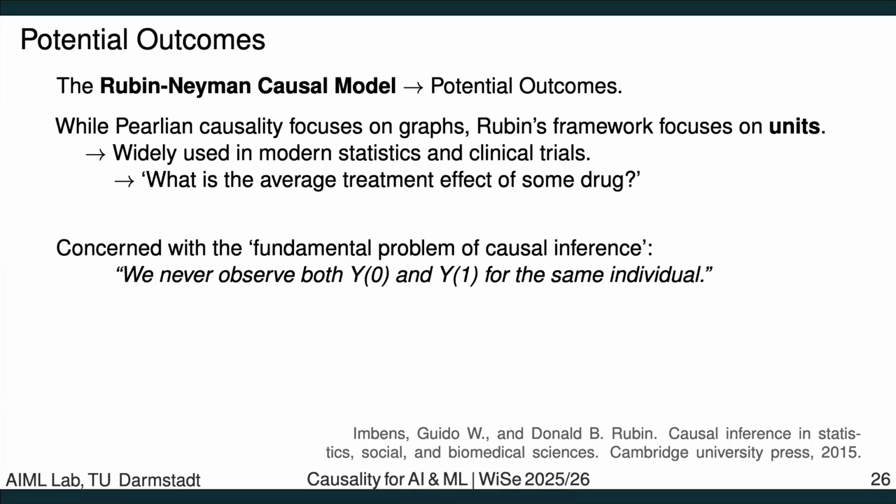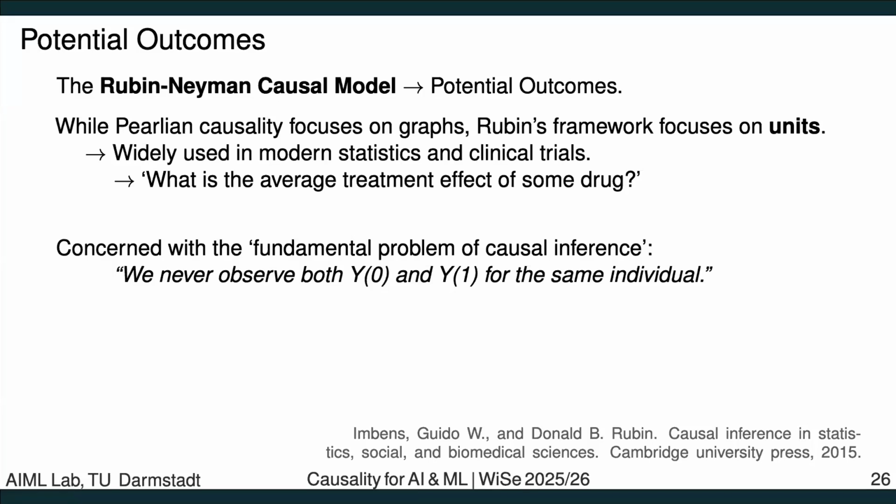Okay, but of course, all of those frameworks suffer from the same thing. If we have a patient and we treat the patient in some sort of way, either we can observe the outcome if we treat this patient, or we don't treat him or her and we observe the natural unfolding, what happens if we don't give the medicine or the drug.